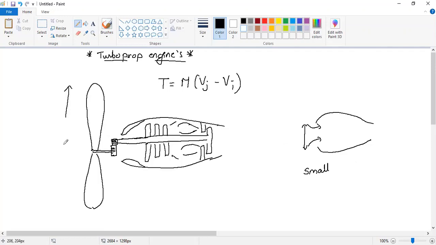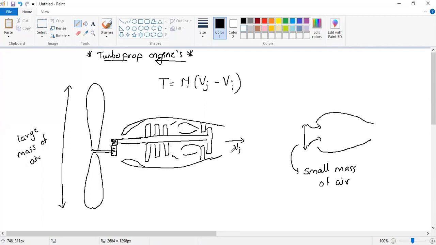In propeller, we take a large mass of air. Both of them will be accelerated here, right? So the accelerated velocity is this Vj.